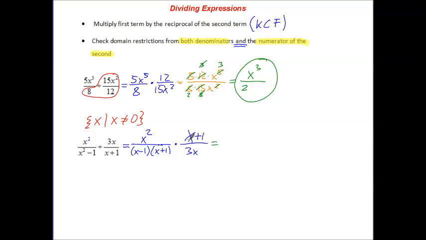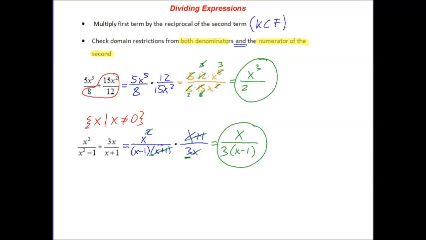Now we can simplify by canceling out the 2x plus 1's, and we can also cancel out the x in the denominator against the x squared in the numerator, and only an x remains up there. So we are left with x divided by 3, let's not forget the 3 from here, times x minus 1.